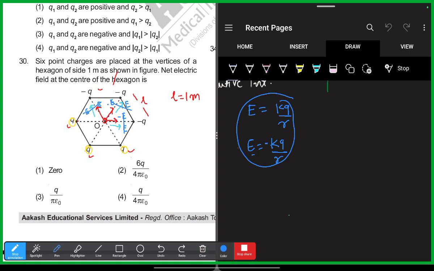Our assumption was wrong: we are getting fields in particular directions, but the net field is actually zero. So the answer is zero.